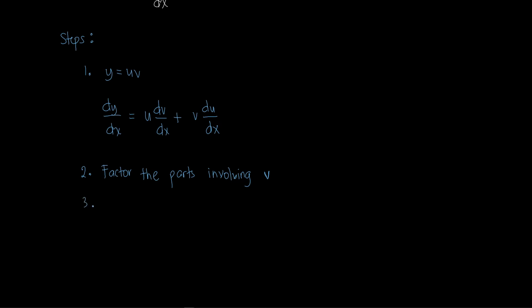Step 3 would be, ang katong v-term na to is, himuon na to siyang 0. So, ang step 3 is put the v-term equal to 0. Okay. So, by putting the v-term equals to 0, pwede na nato siya solvon using variable separable.